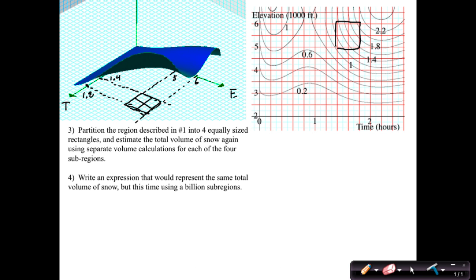These are our little dE's over here, right? And these are our dt's. And so when we did this, dV equals, we did what? Rate times dt times dE plus rate, etc.